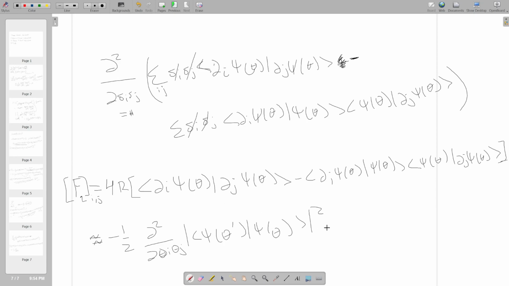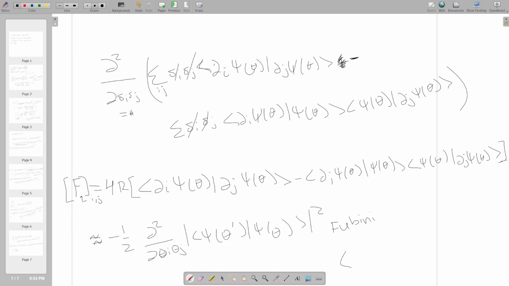So I'll write approximately. This is Fisher information. This is the Fubini-Study metric tensor, which in this case is truly the real portion of the quantum geometric tensor, which I'll write down here in the corner.